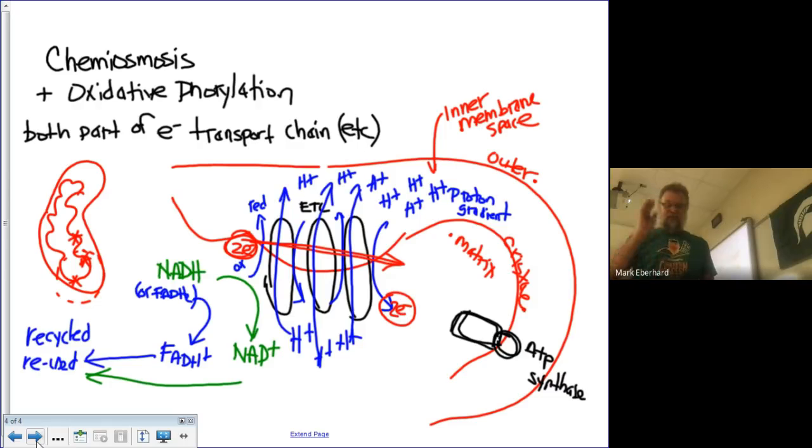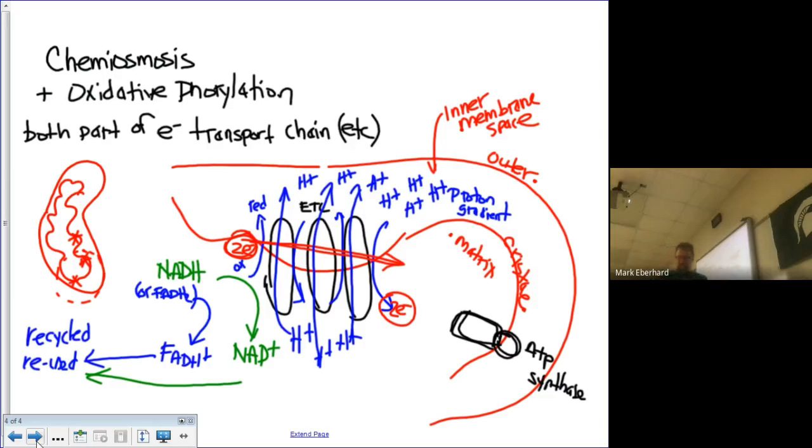We're taking it from the matrix into the intermembrane space, and we're building up a concentration in the intermembrane space, but it's the same effect. So the electrons provide the energy necessary to pump the hydrogen into the intermembrane space.